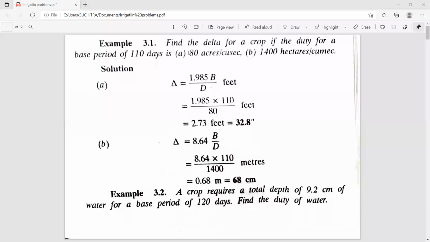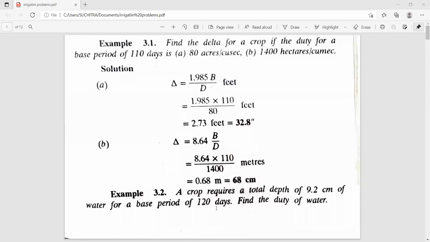It's a very simple problem where the delta of the crop is required, and the base period is 110 days and the duty is about 1400 hectares per cubic. So delta is equal to 8.64 B by D, and thereby we get the delta as about 0.68 meters or 68 centimeters. So here we have used the relationship between duty and delta.